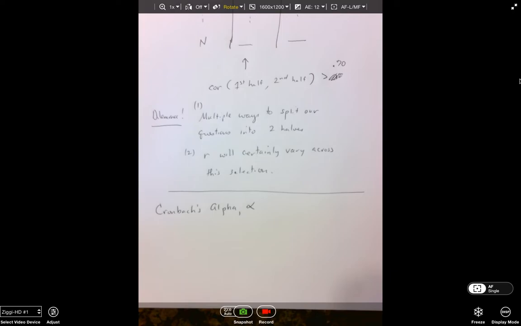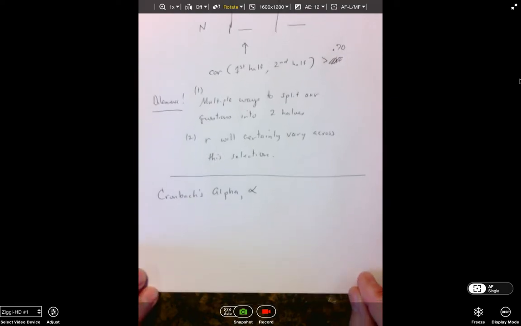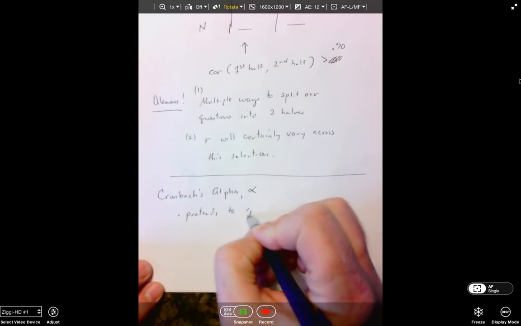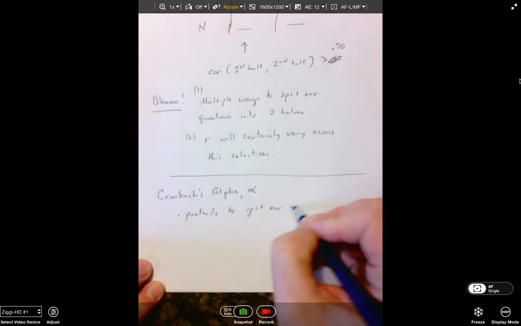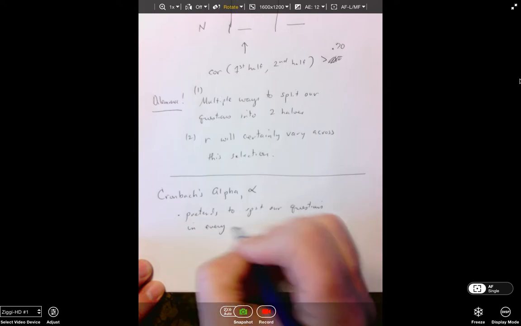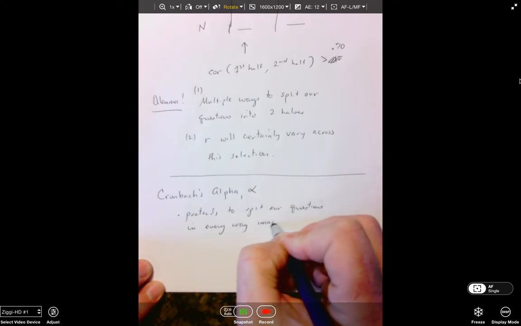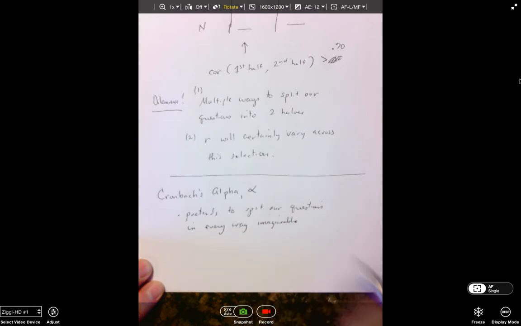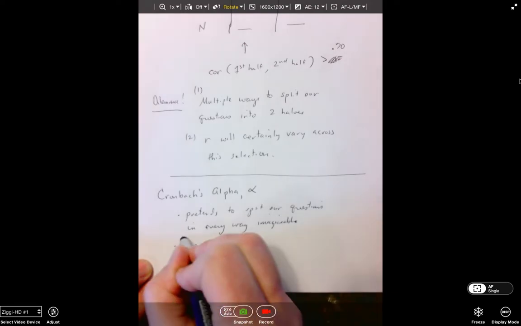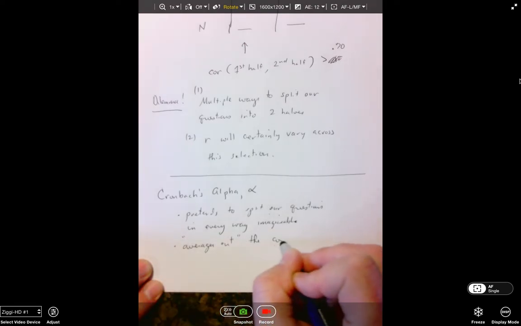The beauty of Cronbach's alpha is that he developed an approach that pretends to split our questions in every way imaginable and averages out the correlation coefficients.